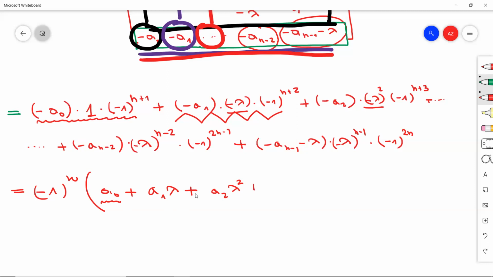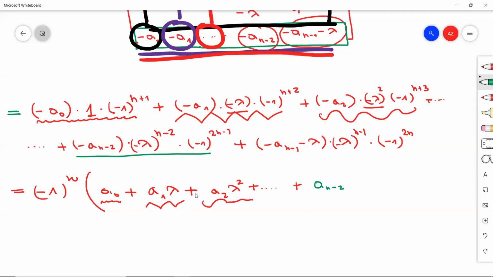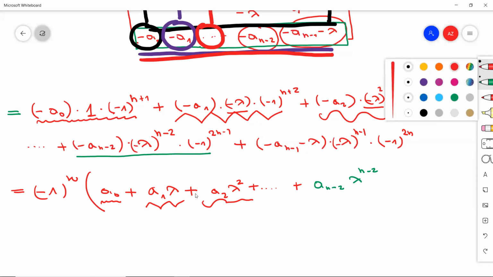And so on up to this. This is because of this term. Then this is because of this term. And everything works the same up to this term, which is a n minus 2 lambda to n minus 2. But the last term is different from the previous ones.